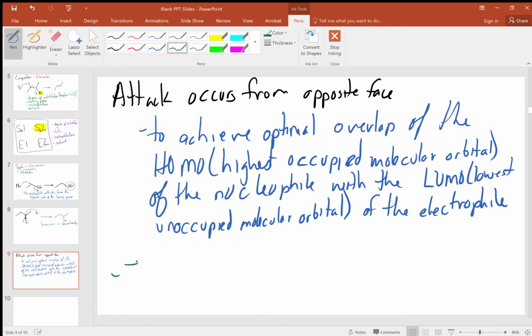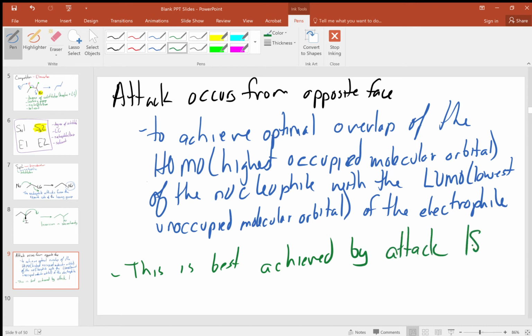And it turns out that this is best achieved by attack occurring 180 degrees from the leaving group.